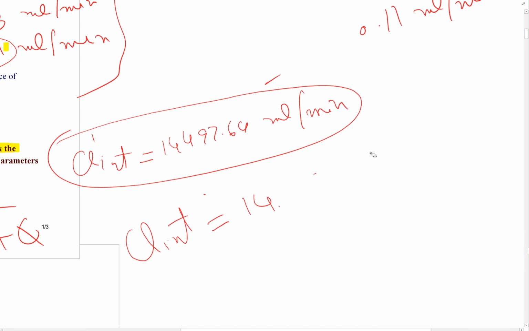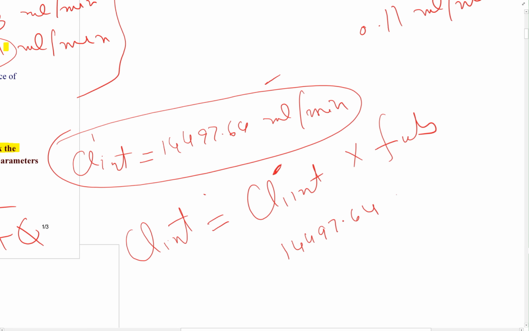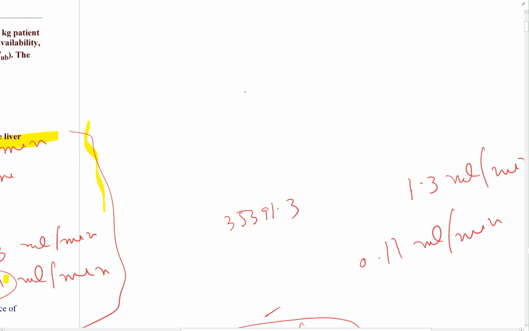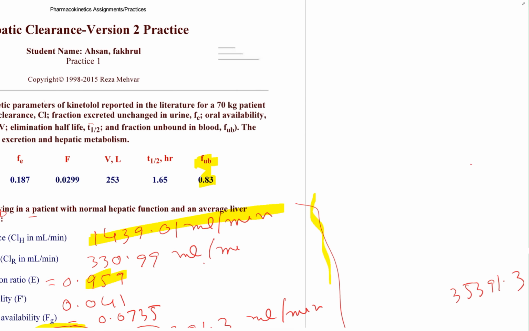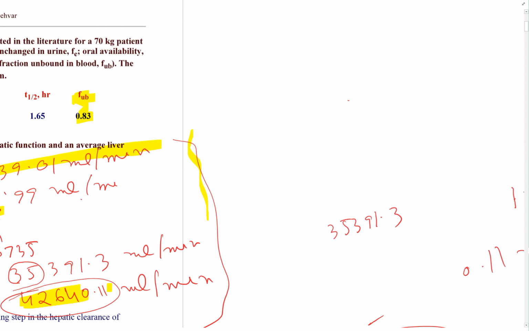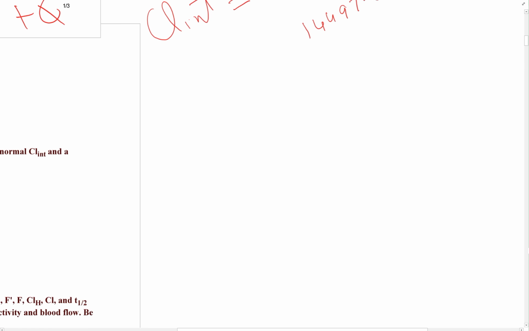Sorry, let's write the equation. The equation is this one: CLINT is equal to CLINT prime times FUB. So this is the intrinsic clearance of free drug, 14497.64, and FUB, if you remember, is 0.83.